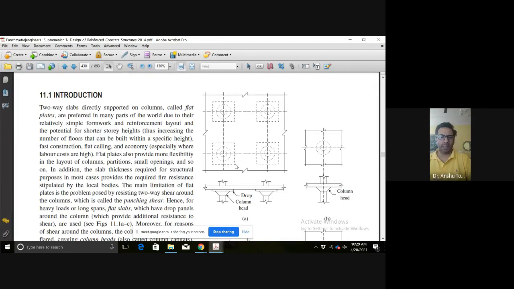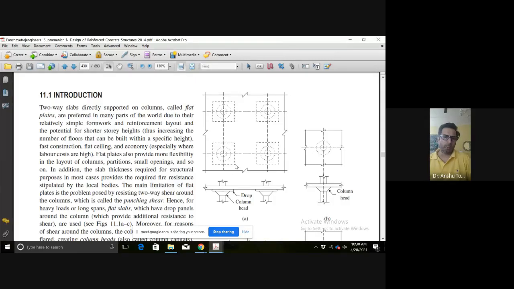That is the moment. If it is a simply supported beam, the maximum moment is WL square by 8. If it is a continuous beam, then we use different coefficients, with WL square by 16, WL square by 12, WL square by 10.